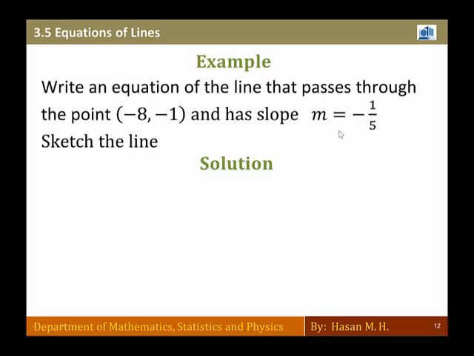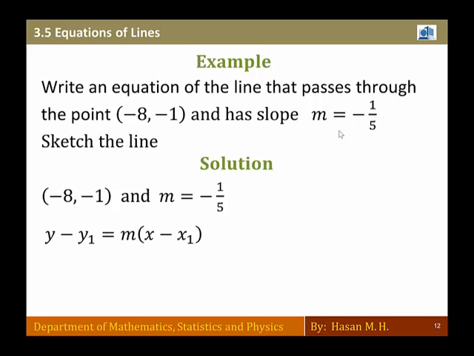Here we have the point (-8, -1) and the slope -1/5. Using the rule y minus y1 equals m times (x minus x1).